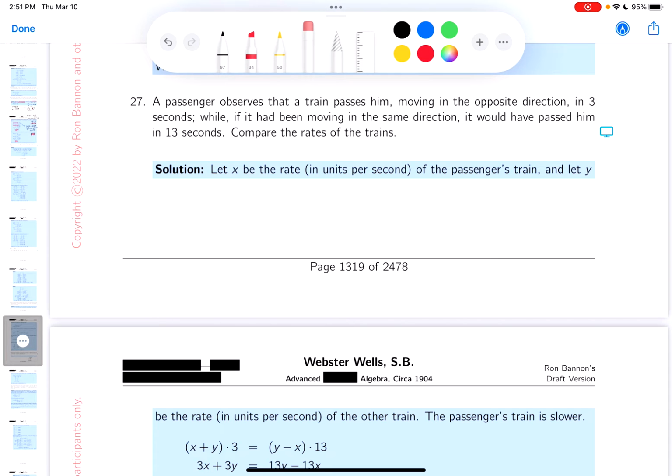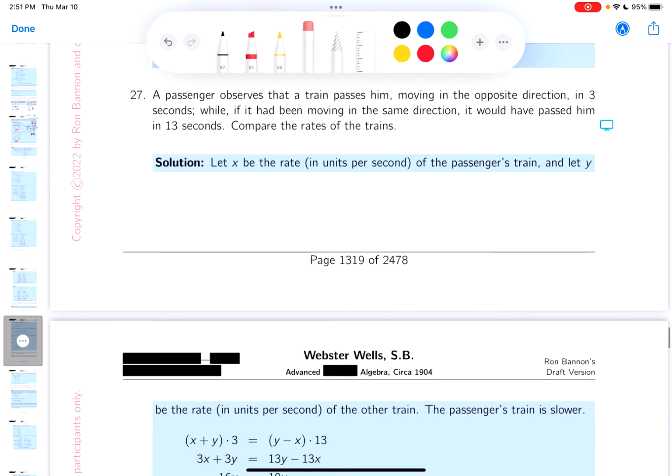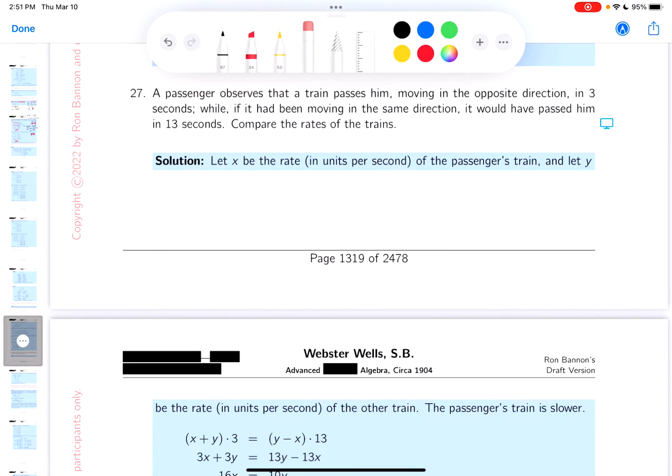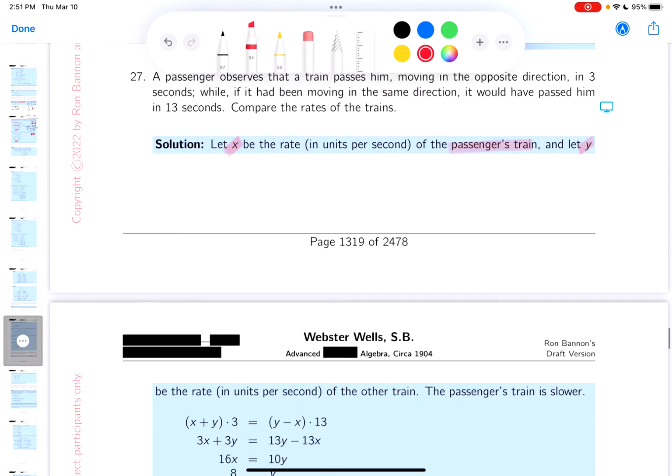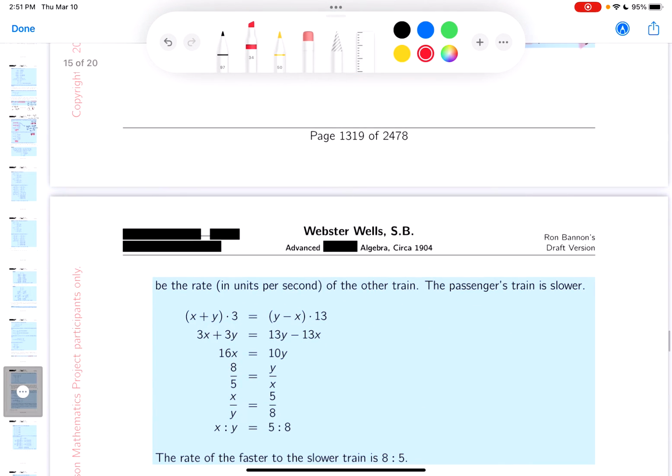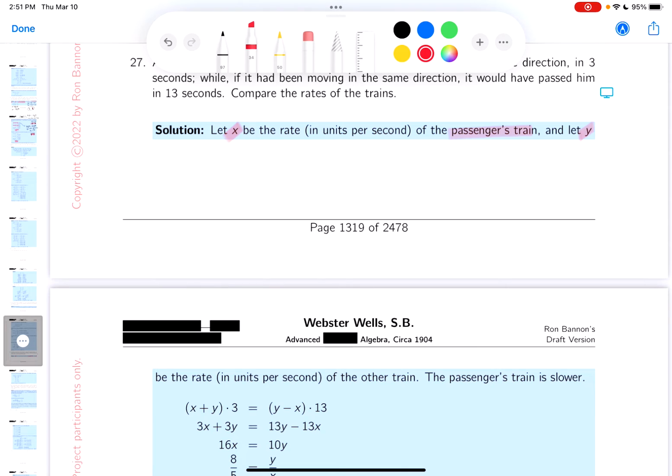Well, you need to determine there's something unknown in the problem, and it's something about the rate of the trains. So I'm going to claim that x is the rate in some kind of unit per second of the passenger's train, and y is the rate in units per second of the other train.